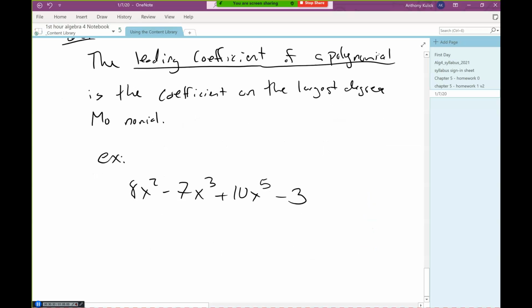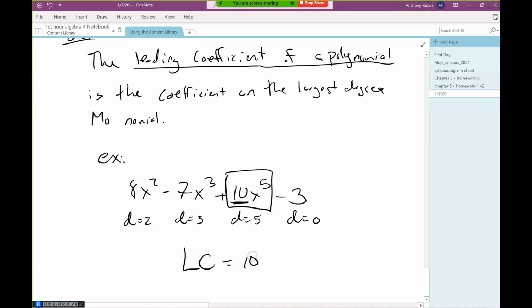So if I look at this polynomial, the degrees of each monomial are 2, 3, 5, and then 0. So this is my biggest degree monomial. So my leading coefficient is 10.